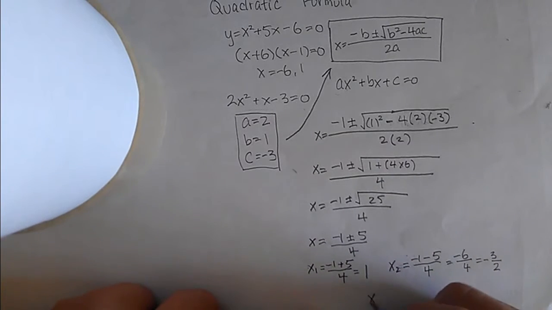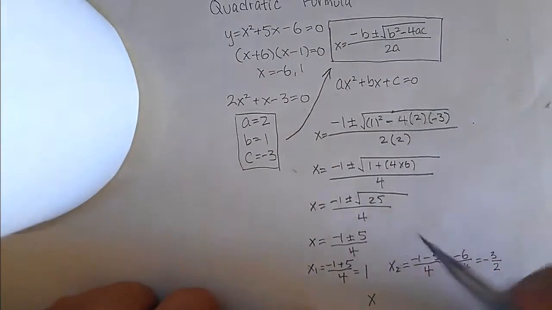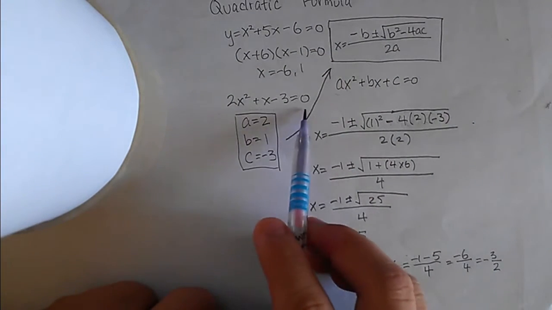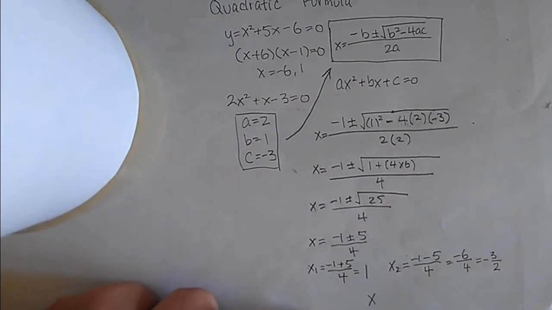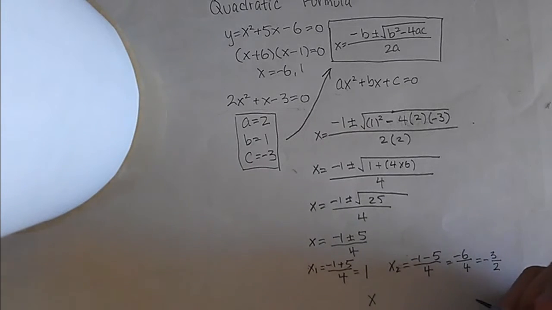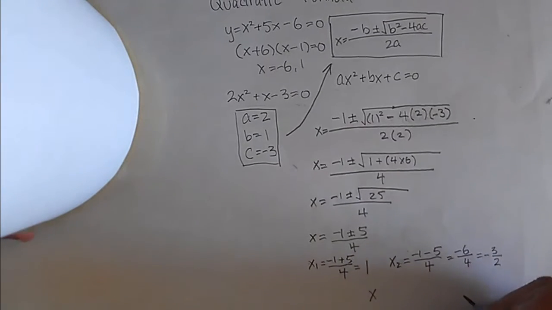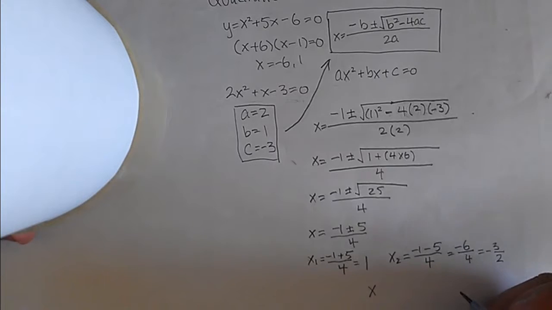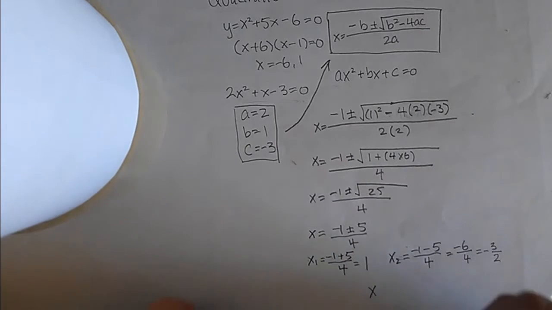And so the roots to your original equation would be 1 and negative 3 over 2.